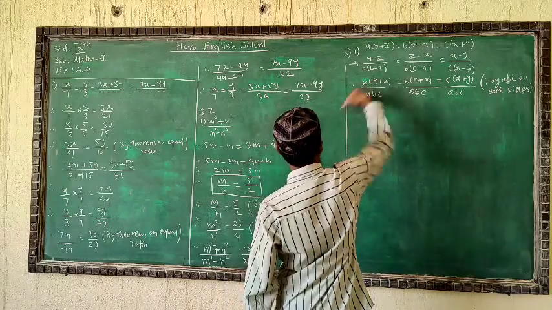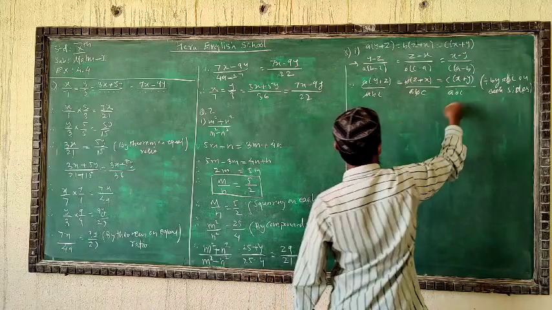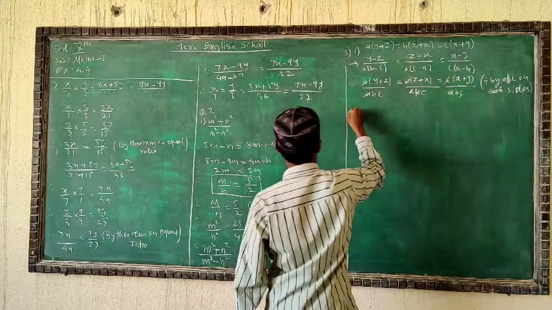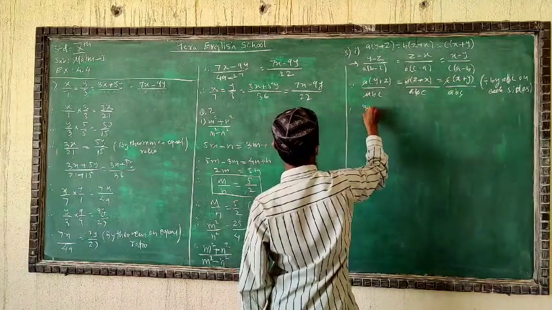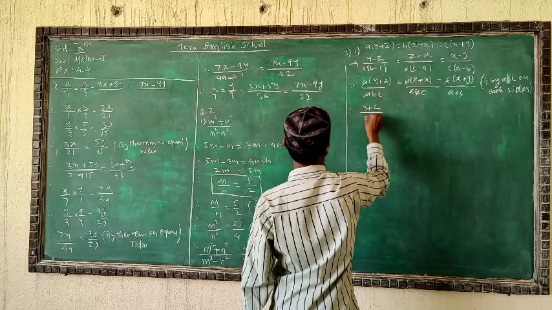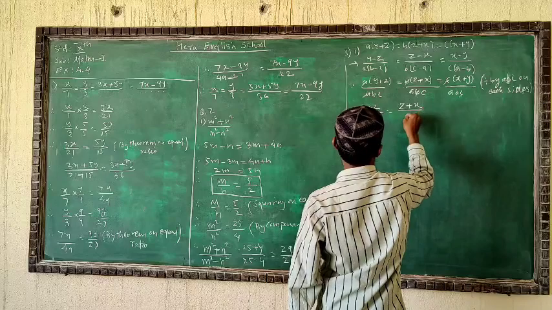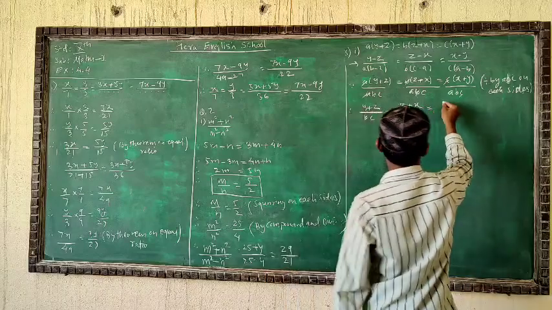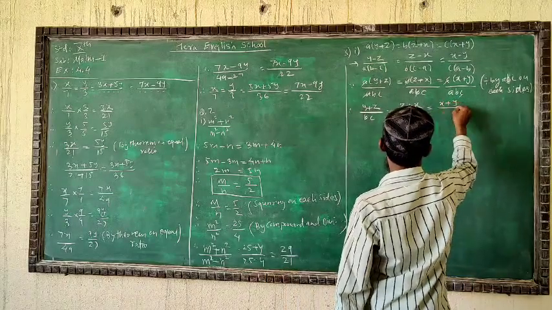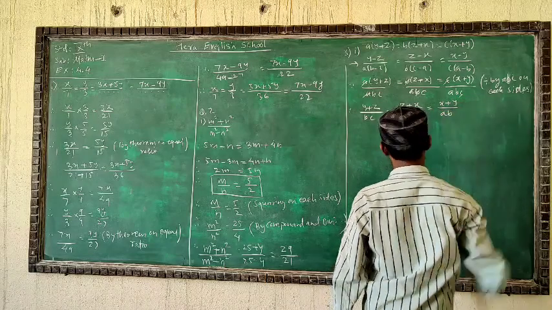Here a cancels, b cancels and c cancels. You'll get in numerator y plus z upon bc, z plus x upon ac, and x plus y upon ab.